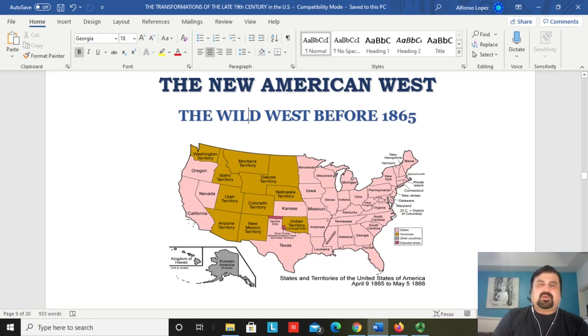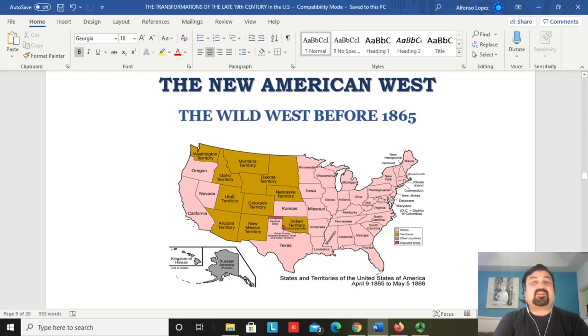So we're going to track that civilizing process or transformation in this session 3. Again, it shows you the specific region that we're talking about.